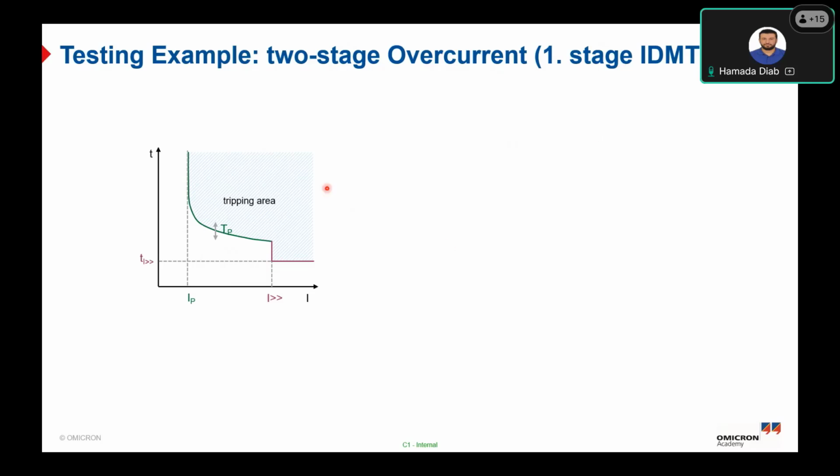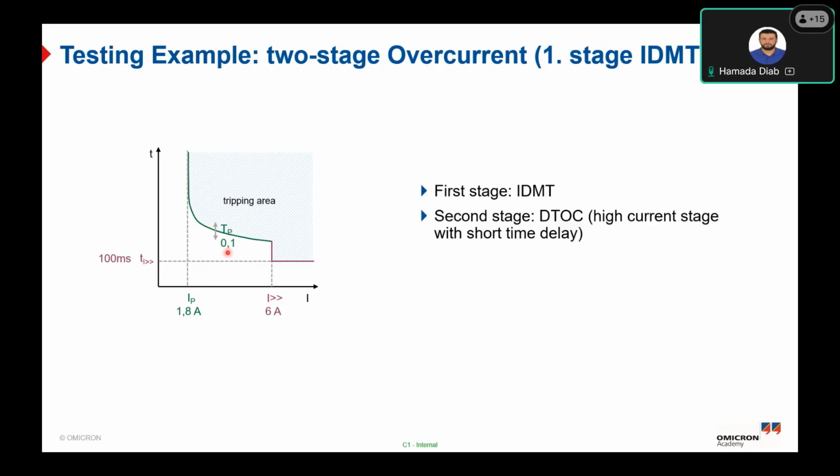The first stage will provide protection against overload, and the second stage will provide protection against very high short circuit currents. Okay, so here IB can be represented as 1.8 ampere, and the TB is 0.1, unitless because it's not a time, it's just a time index used inside the formula to calculate the tripping time.